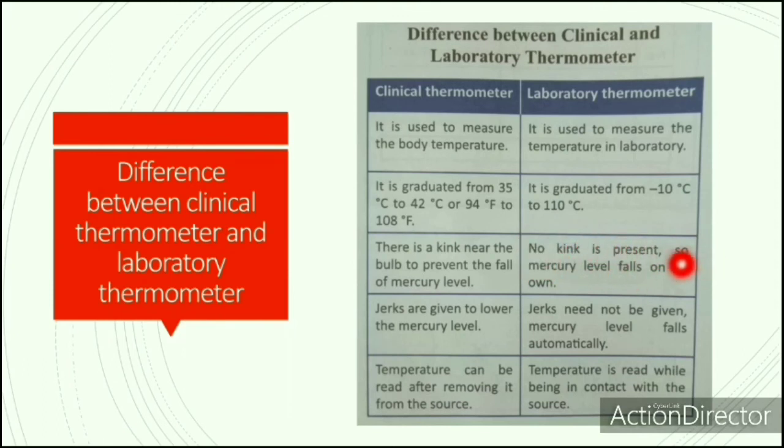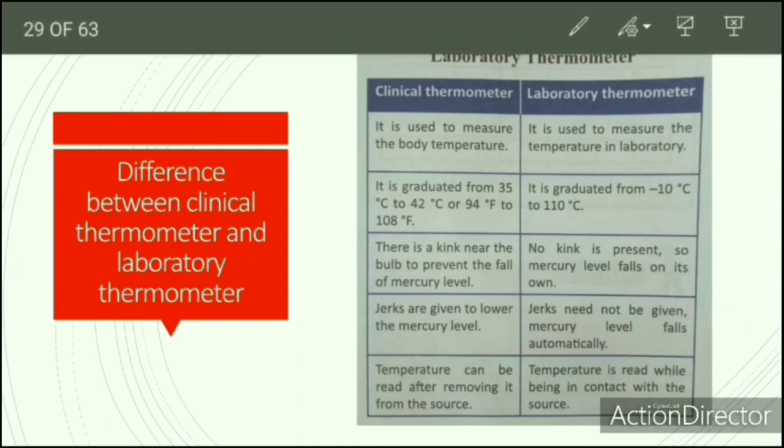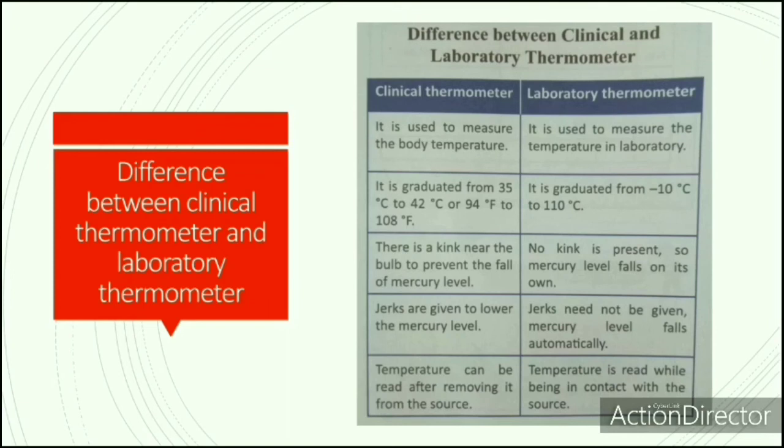In the clinical thermometer, jerks are given to lower the mercury level, and in the laboratory thermometer jerks need not be given. In the clinical thermometer, temperature can be read after removing it from the source, but in the laboratory thermometer, temperature is read while it is in contact with the source. So these are the differences between these two kinds of thermometers.